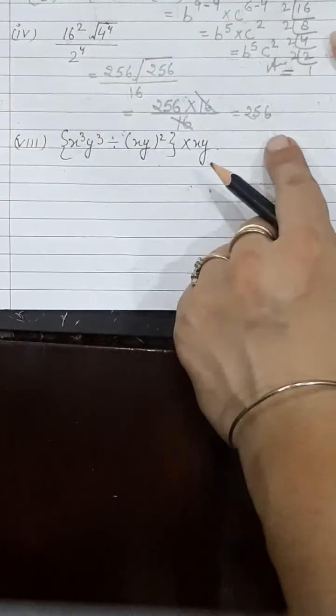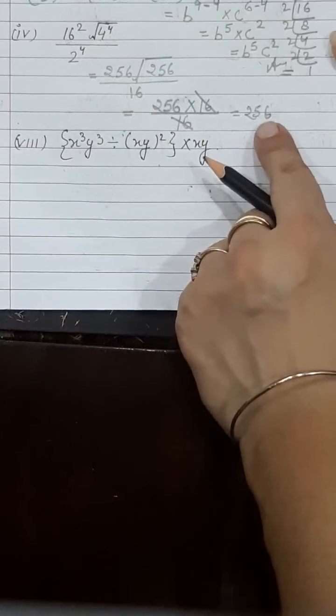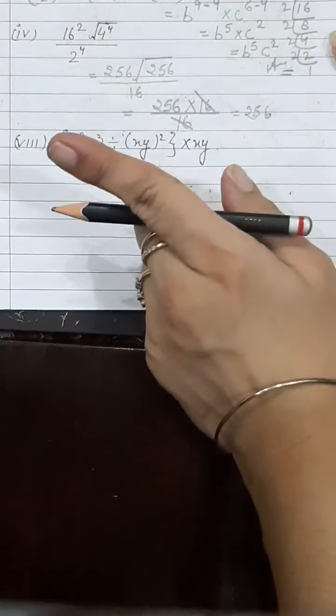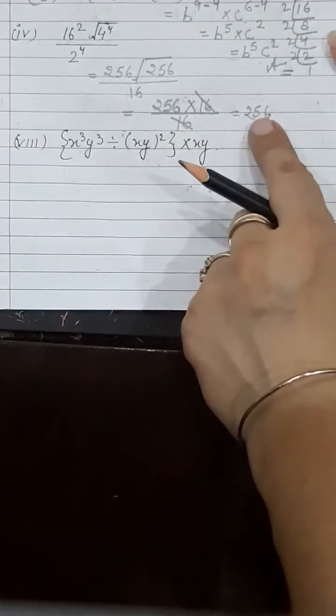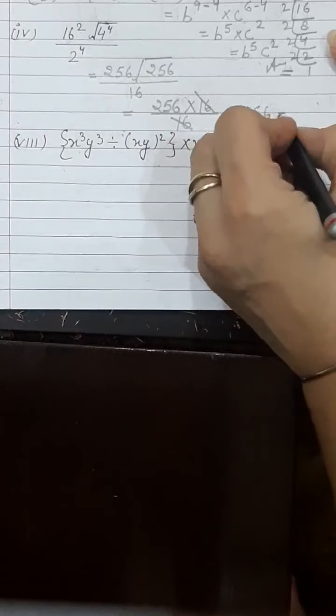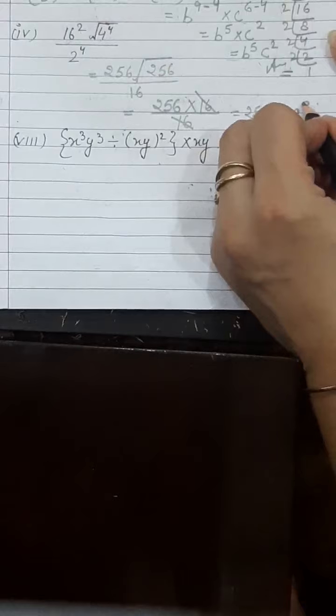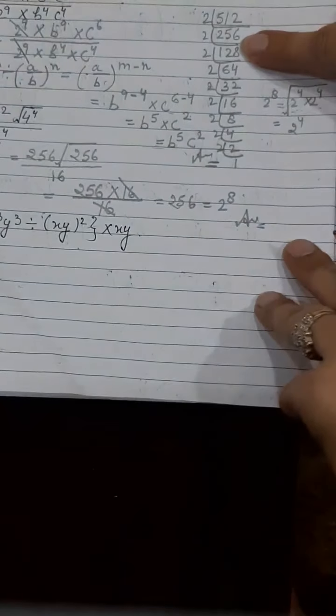But you will not write your answer as 256 because you have to convert into exponential notation only. So 256, when you convert into exponential notation, it will be 2 to the power of 8. We have done this earlier, right? Like this.